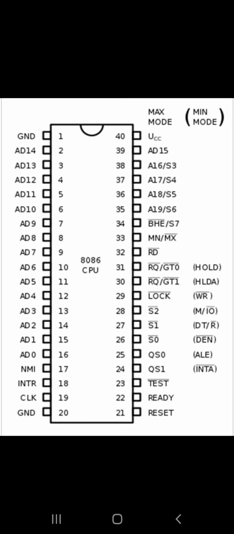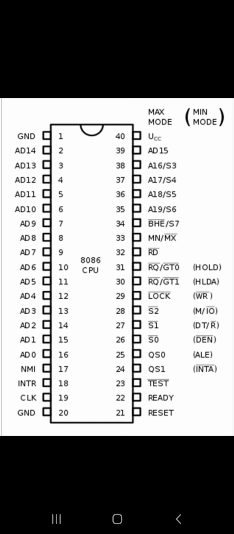Now, the 8086, its memory is divided into different segments, right? If 8086 is working with memory, how can you know which segment is being accessed right now? So these S3 and S4 pins are used for knowing which segment the 8086 is processing, right?